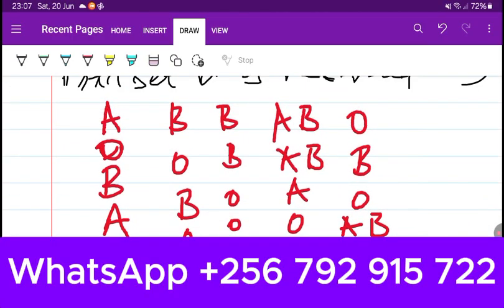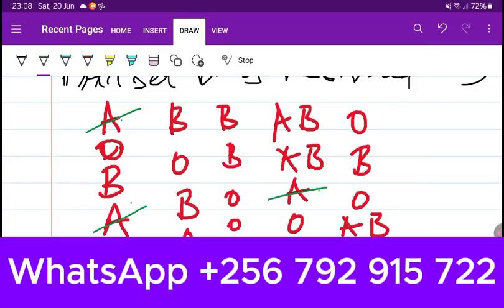This is 1, this is 2, this is 3, this is 4, this is 5. There are 5 blood group A. It's always good to use a pencil and cross so that you don't skip. So we have seen there are 5.